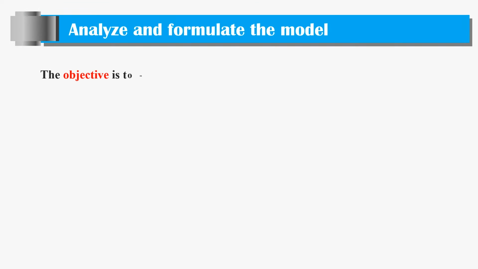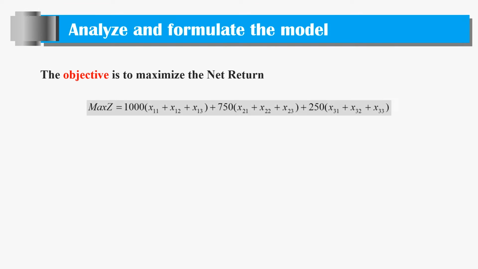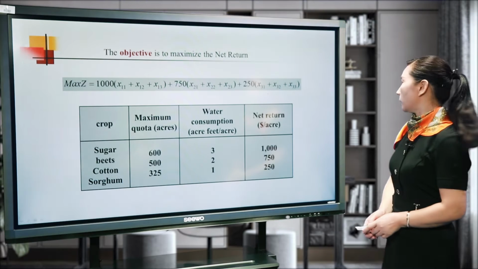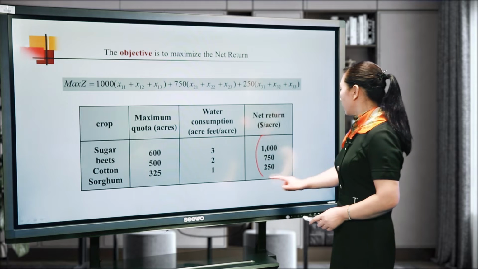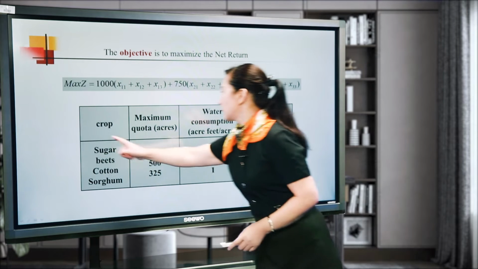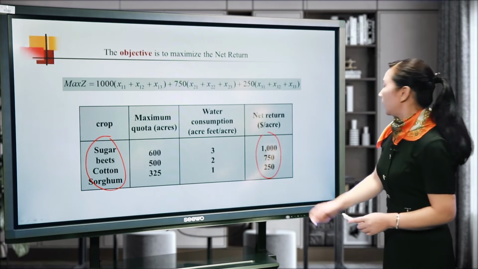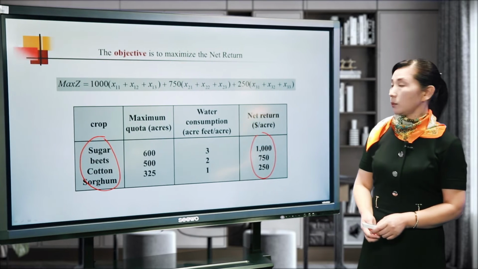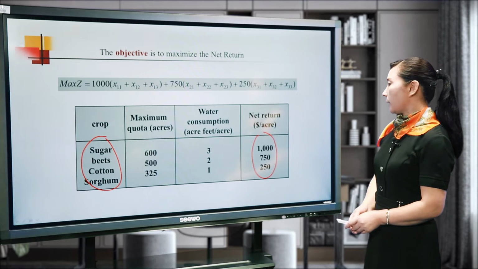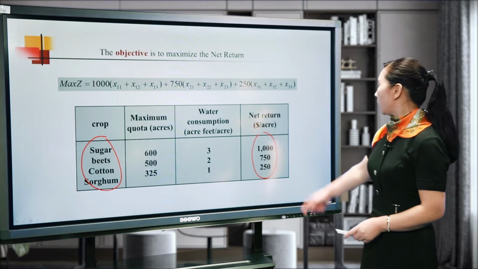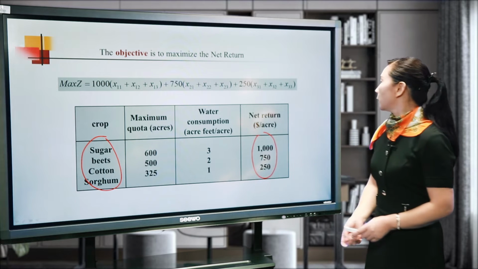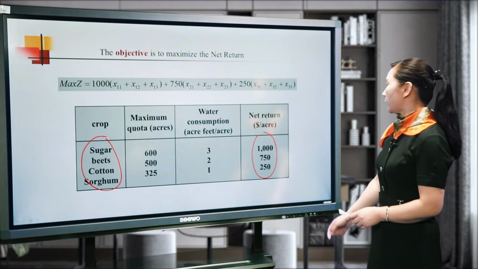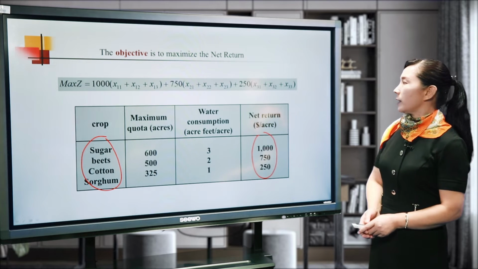And in this problem, the objective is to maximize the net return. And we notice that in this table, the net return of each crop is: sugar beets $1,000 per acre, cotton $750 per acre, sorghum $250 per acre.